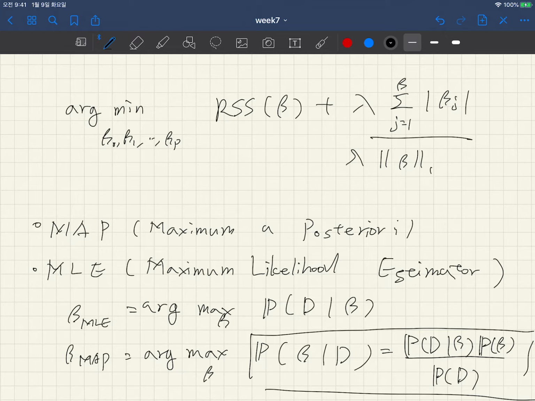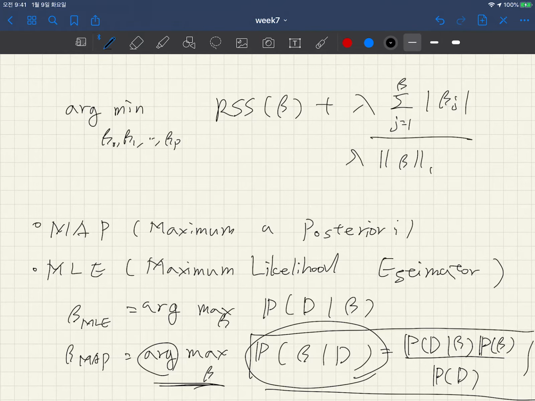Because MAP is the process of finding the parameter that maximizes this conditional distribution, it is an argmax, and the maximum value is not important. We just need to extract the parameter beta that maximizes it.